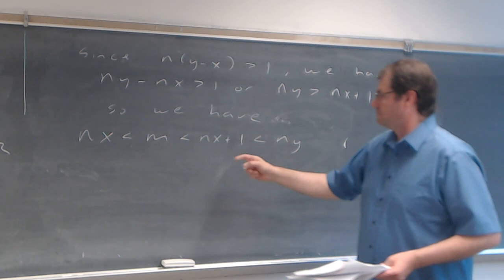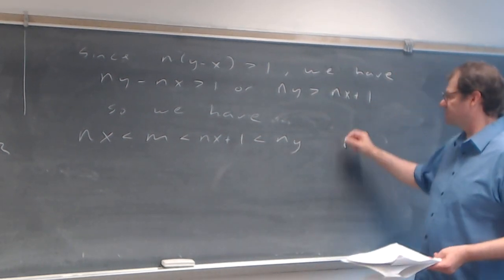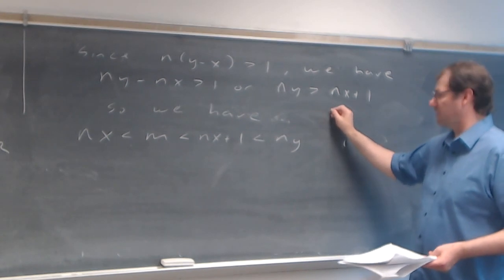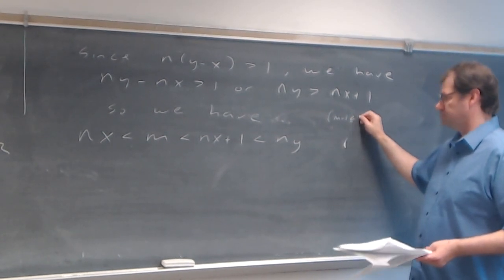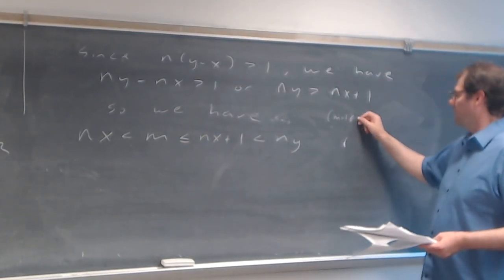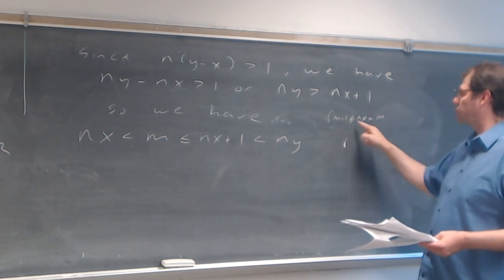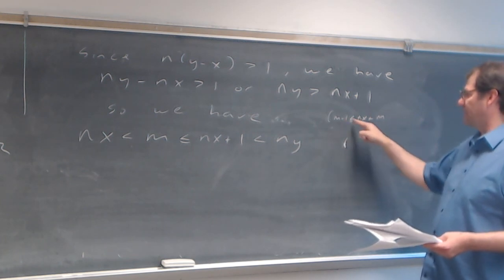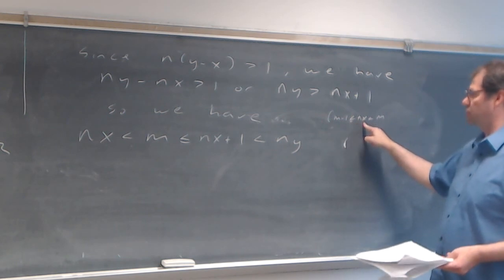This m being less than nx plus 1 comes from the fact that we had m minus 1 is less than or equal to nx less than m. So if we add 1 to both sides, we have m is less than or equal to nx plus 1 from this part of the inequality I just wrote.